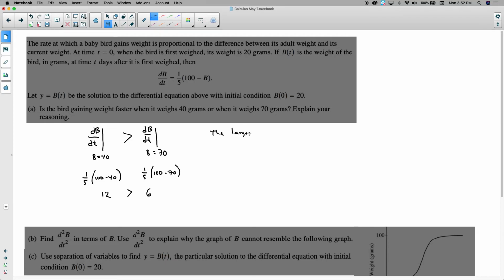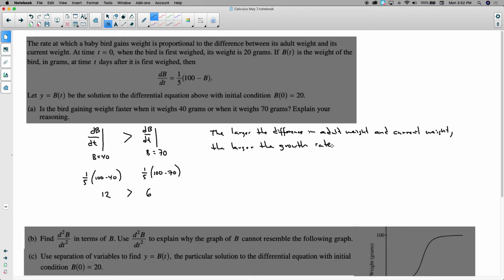The larger the difference in adult weight and current weight, the larger the growth rate.